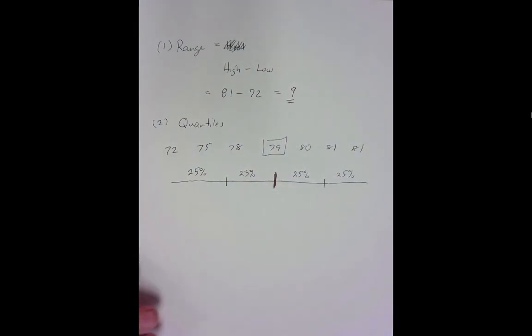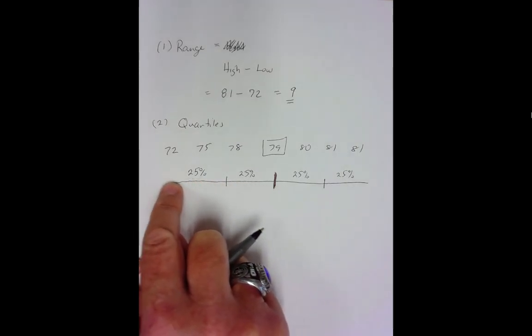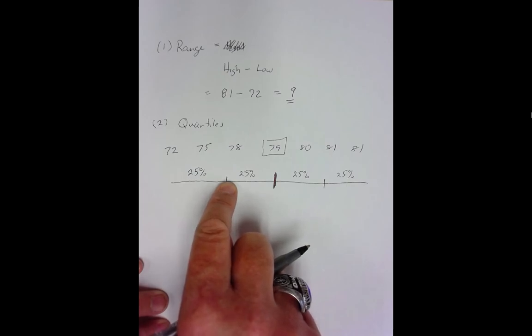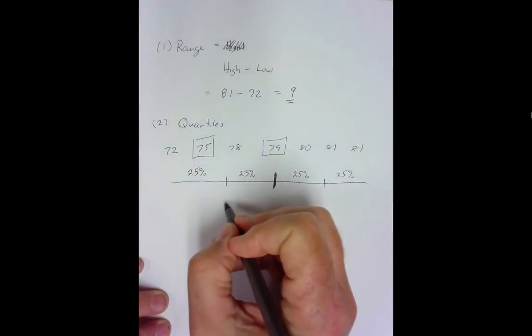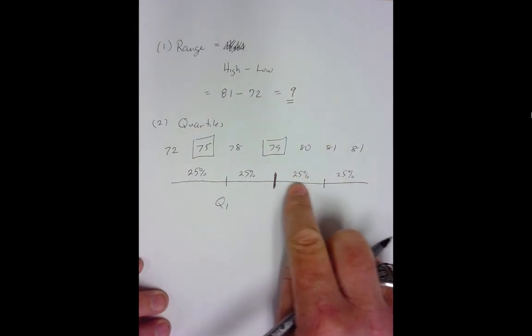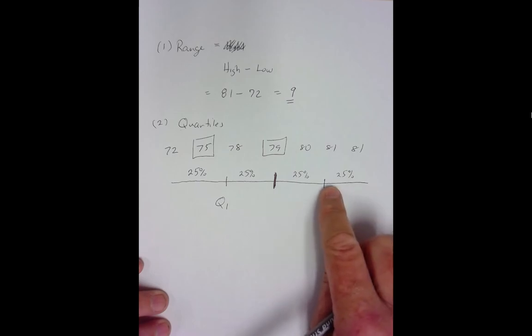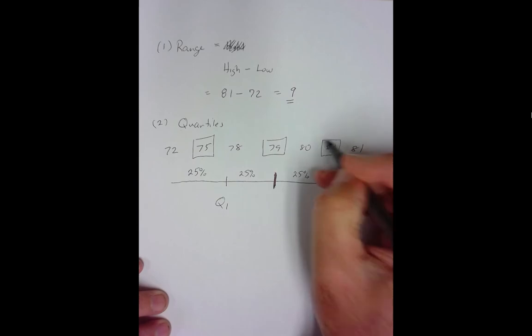It's called the median. Take what's below the median and cut it in half. Well, guys, that's Q1. Take what's above the median, cut it in half. That's Q3.